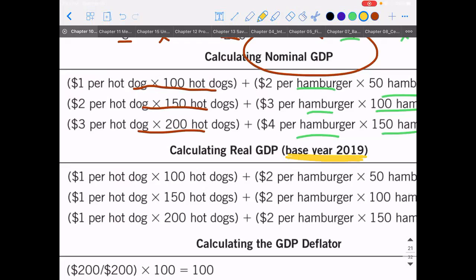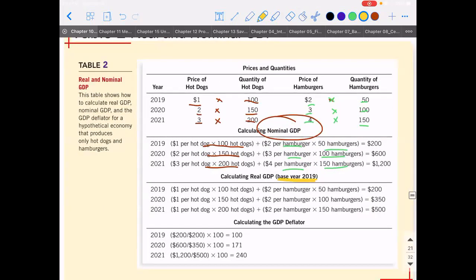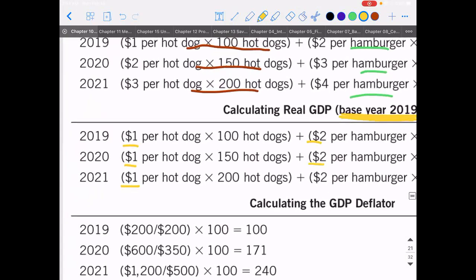Where everything changes is now when I'm doing real GDP, I have to have a base year, 2019, which means now this is the only price that exists. As you see here, the price of a hot dog is always $1 because that's the base year price. The price of a hamburger is always $2 because that's my base year price.